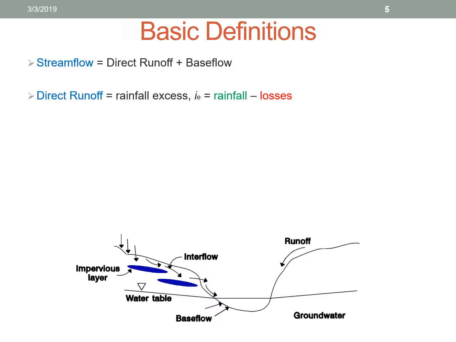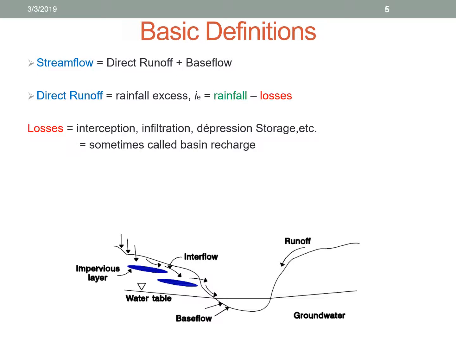Direct runoff will be rainfall excess, that is IE, or rainfall minus all of the losses. So what are the losses? The losses are interception, infiltration, depression storage, etc., sometimes called basin recharge. Whatever rainfall you have minus losses will be direct runoff.